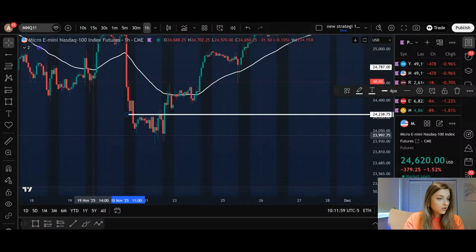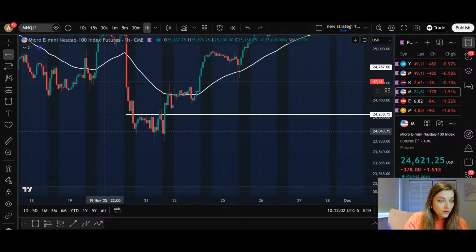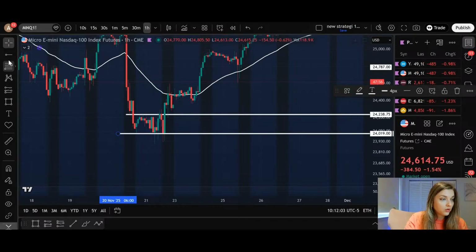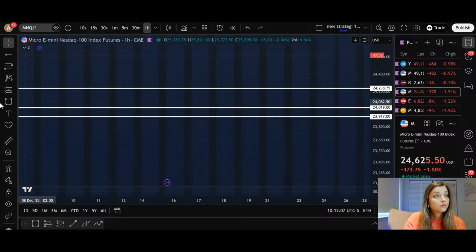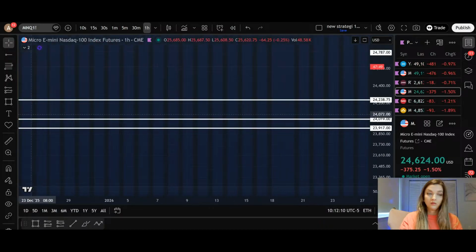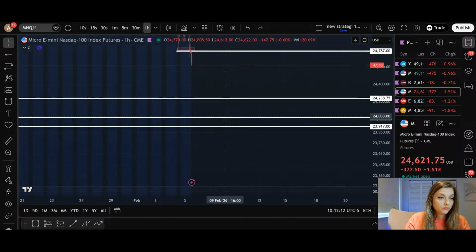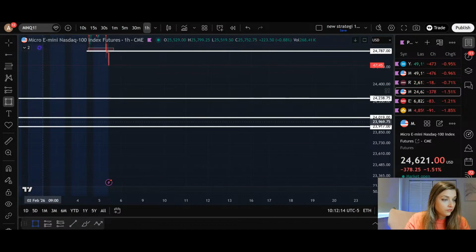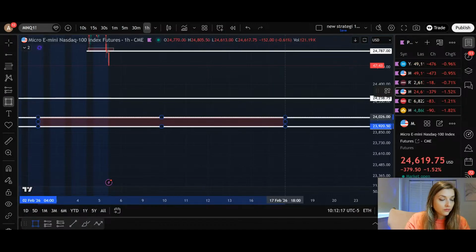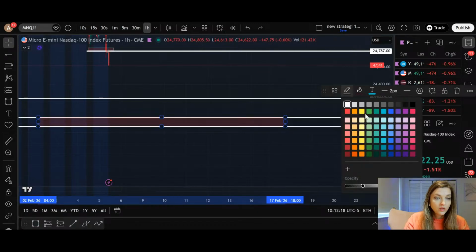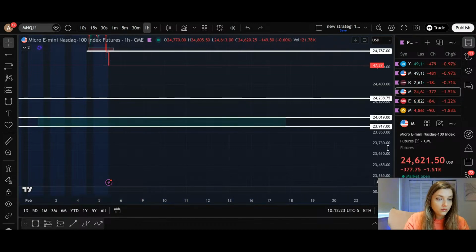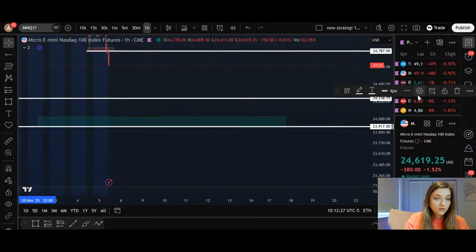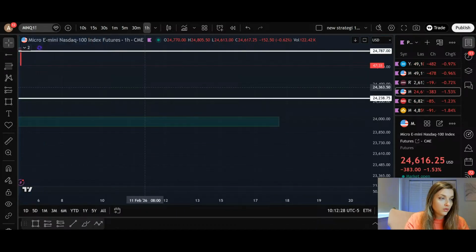On 1 hour, probably NQ is going to touch this. Probably. Let's put it with green, because we're looking for buys there. But this is 1 hour, so.